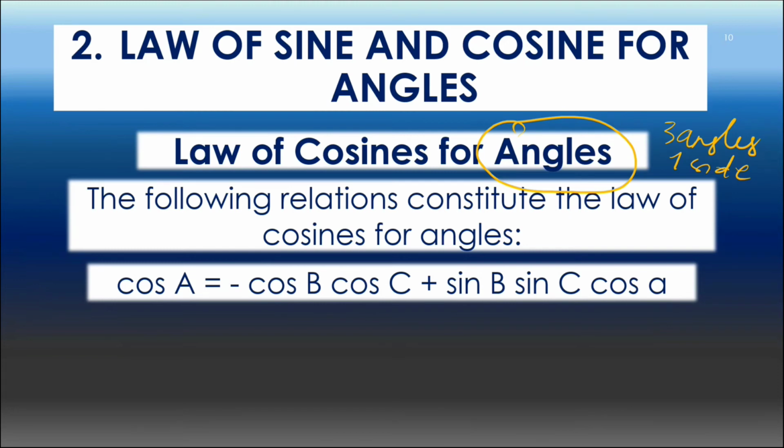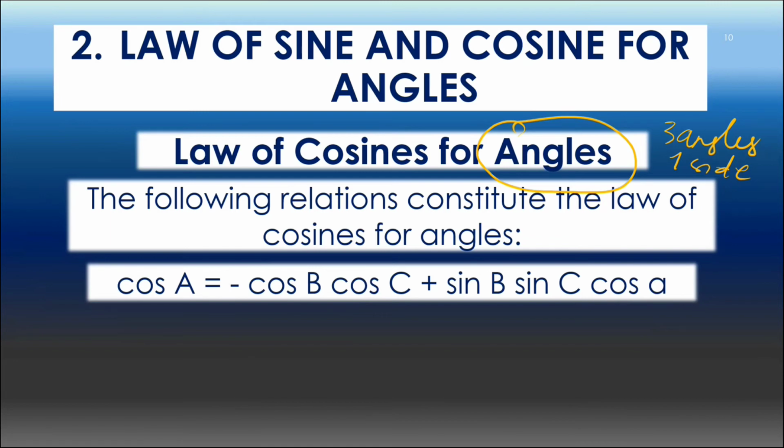With the three angles and one side possible in the problem, three parts are given. Say we do have three angles and one side is unknown, or we can have two angles given, one side given, and then the other angle is unknown. So you can use this.